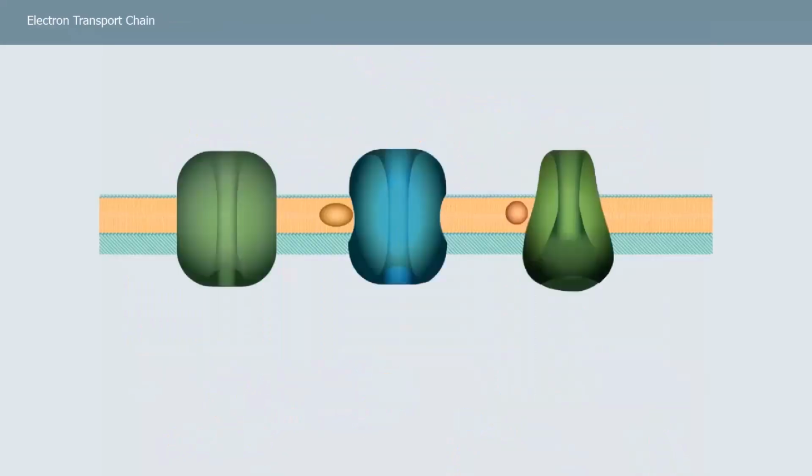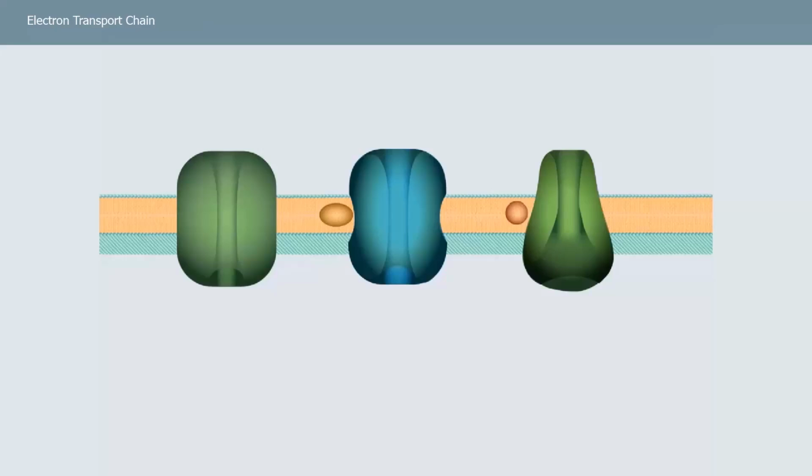A chain of 3 protein complexes built into the inner mitochondrial membrane passes over the electrons from the molecules of NADH and FADH2 gradually to one another, uses their energy for pumping hydrogen ions, protons, and finally builds these electrons into the produced metabolic water.